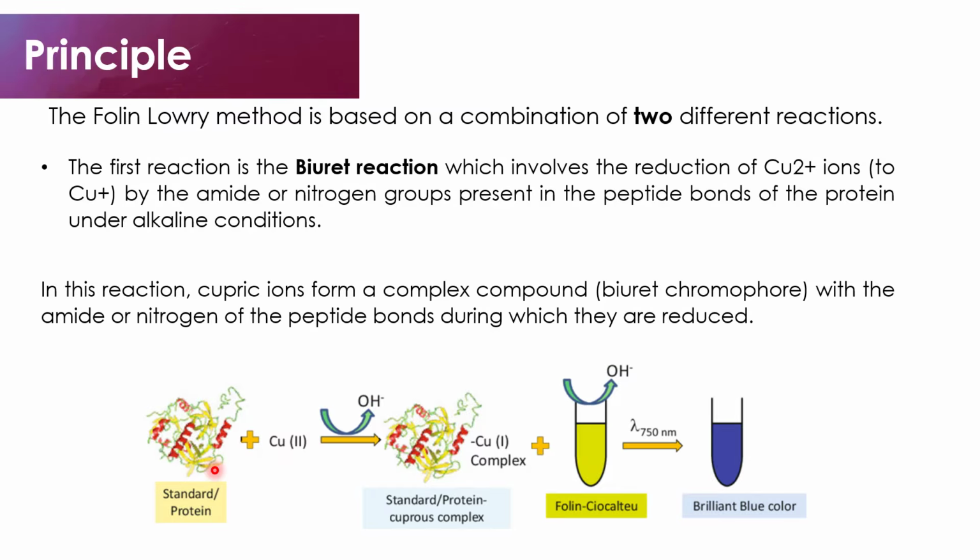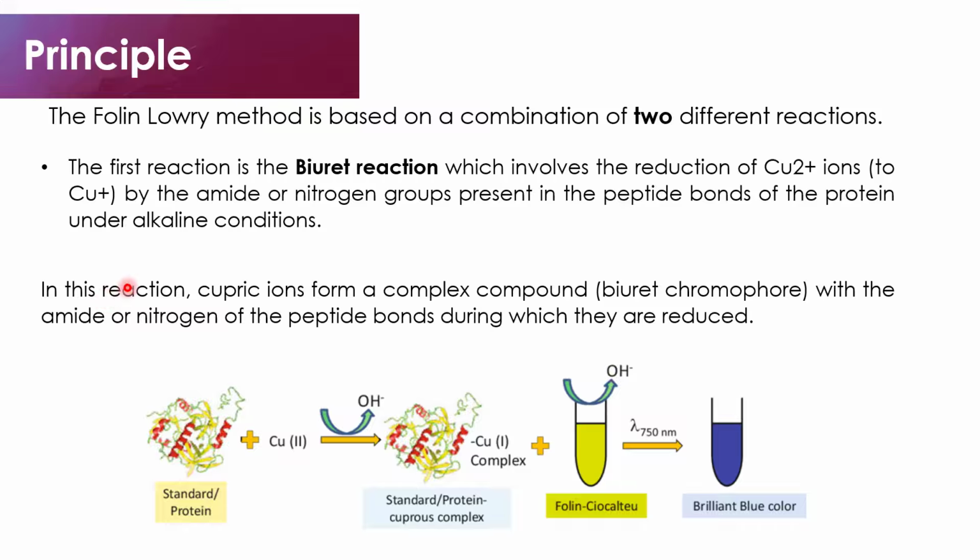Now let's look at the principle underlying the Folin-Lowry method. What you have to note is that the Folin-Lowry method is based on a combination of two different reactions. The first reaction is the biuret reaction, which involves the reduction of cupric ions to cuprous ions by the amide or nitrogen group present in the peptide bonds of the protein under alkaline conditions.